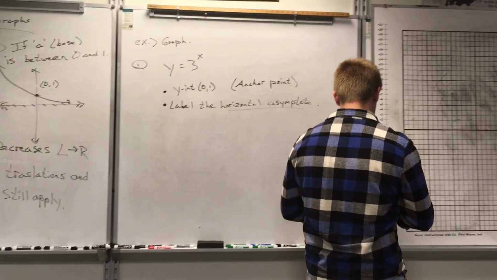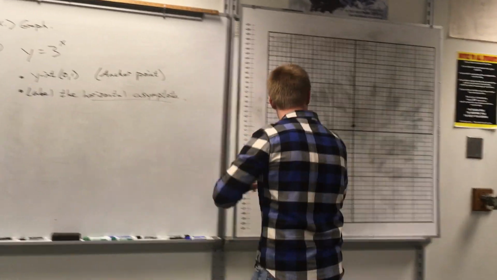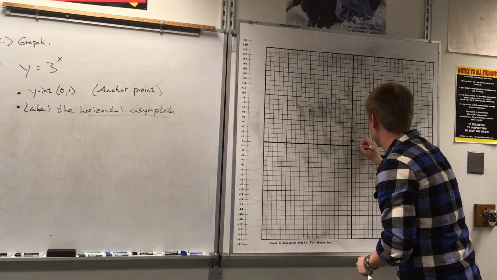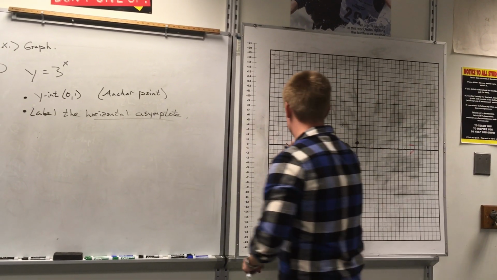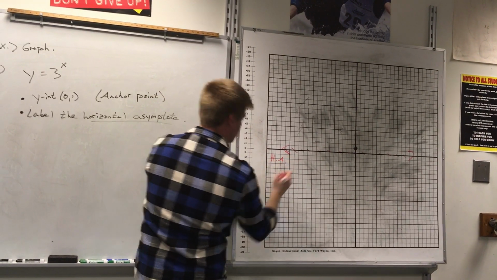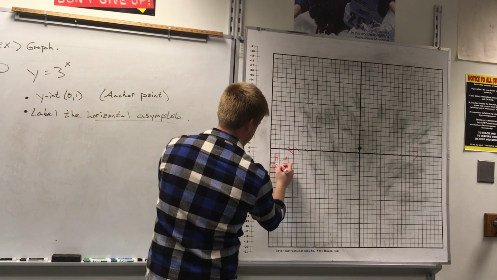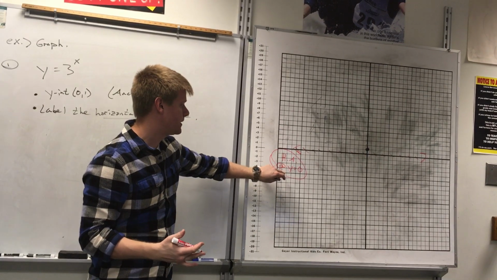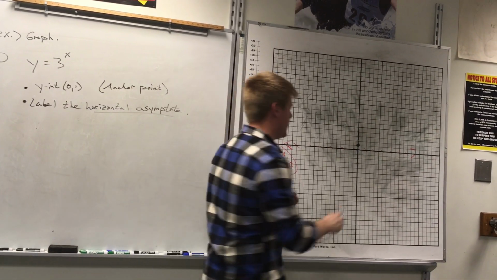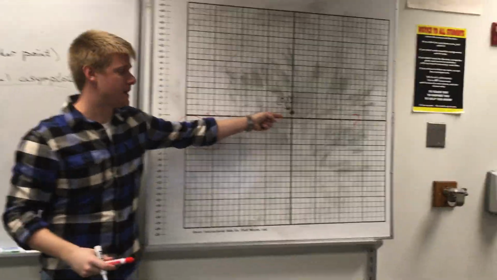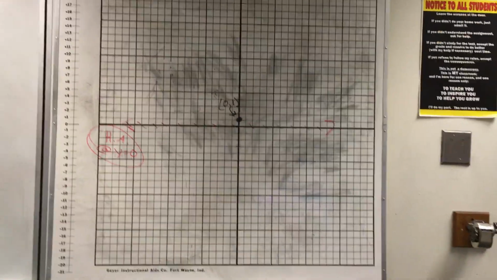So the horizontal asymptote, if I go to my graph here, it's just going to be the x-axis. I'll just label it like this, HA, horizontal asymptote, at y equals 0. Okay, so this is what I would like to see. I would like to see the horizontal asymptote labeled, and I would like to see the anchor point labeled, which is going to be that y-intercept. Okay? But it may not be if we have different translations involved.